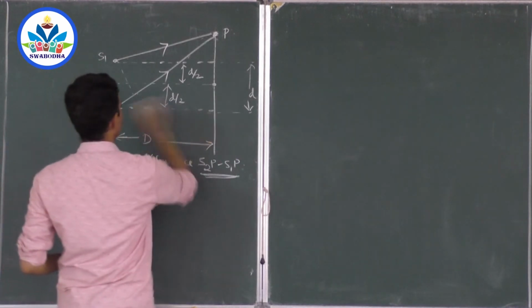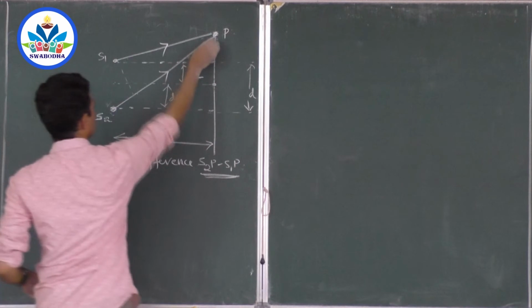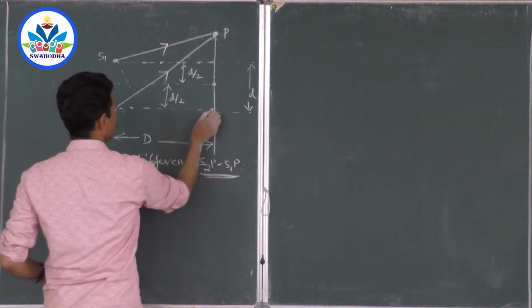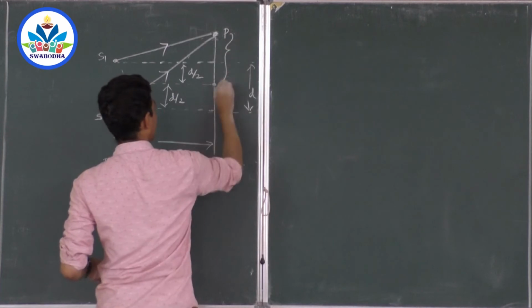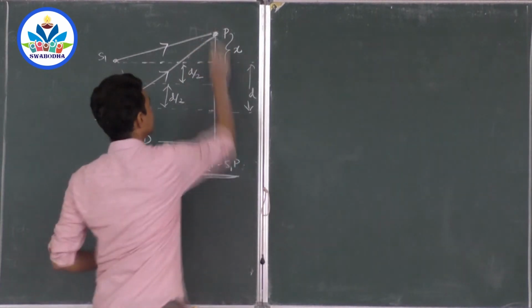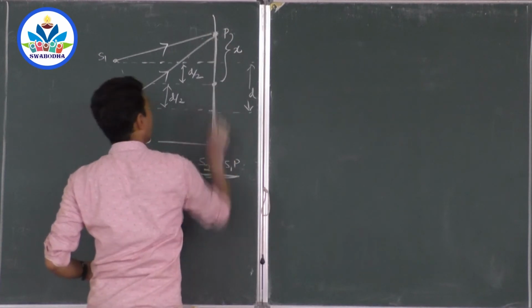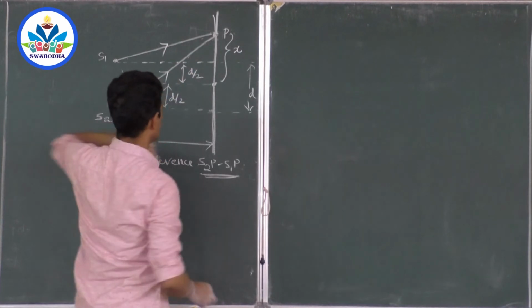What is S2P square? S2P whole square is equal to D square plus, and let this point be at a height x from the central fringe. On the screen, I have selected a point which is at a height x from the central bright fringe.